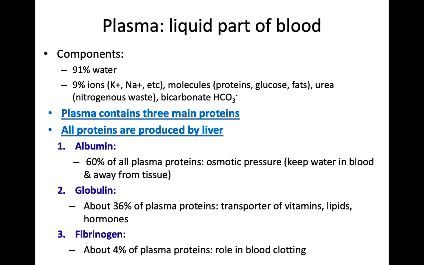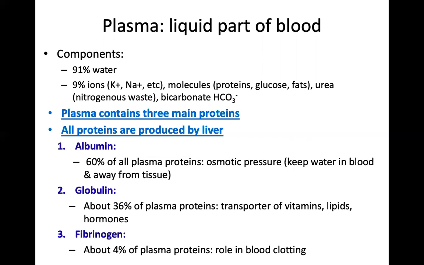First of all, please do note that if I find a protein within my plasma, these proteins are made by your liver. So the liver basically makes these proteins, and then these proteins get dumped into your blood to carry out a specific function.